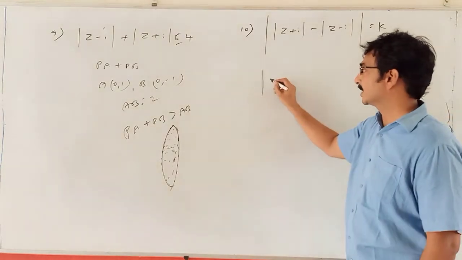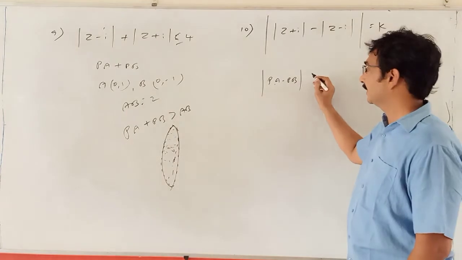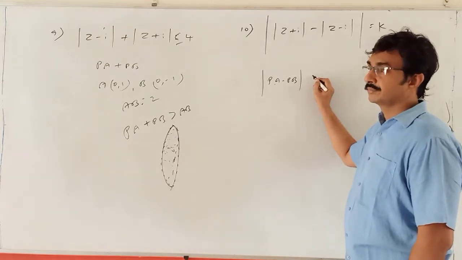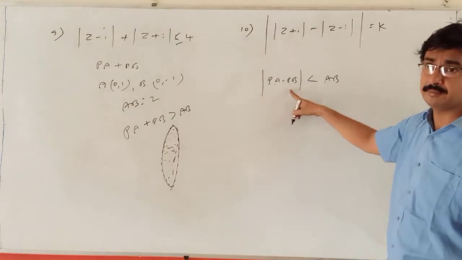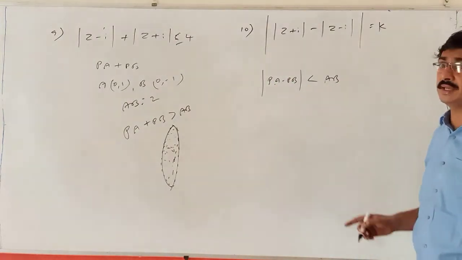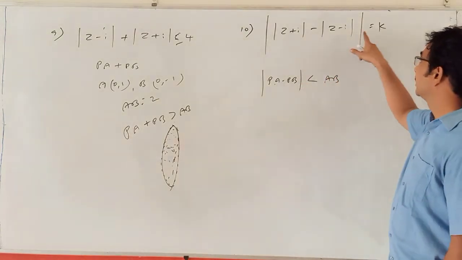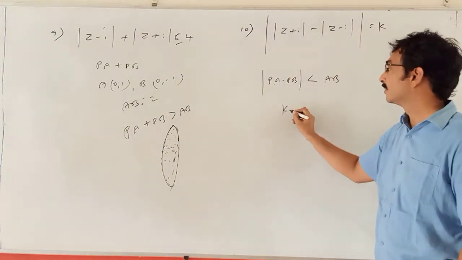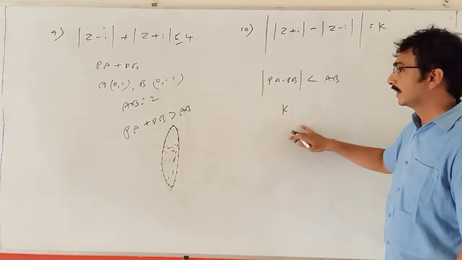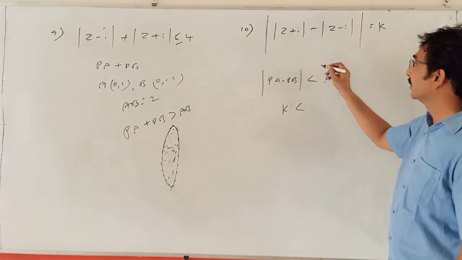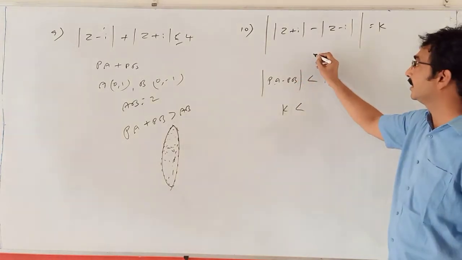The concept related to this: modulus of PA minus PB less than AB, then the locus of P is a hyperbola. So PA minus PB value is k, mod k less than AB.